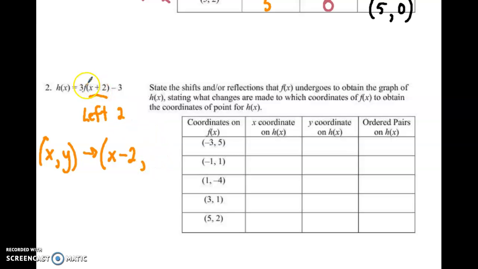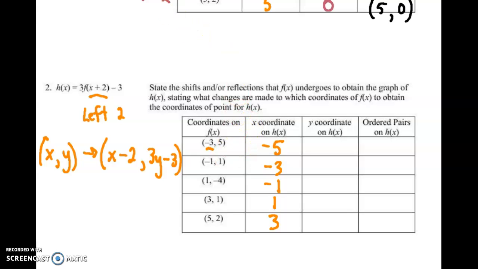And then your y-coordinate, treat this as f of something is your y, so it's 3 times y minus 3. So as I look at my x-coordinate, is negative 3. Well, if I do negative 3 minus 2, I get negative 5. Negative 1 minus 2 is negative 3. 1 minus 2 is negative 1. 3 minus 2 is 1. 5 minus 2 is 3.